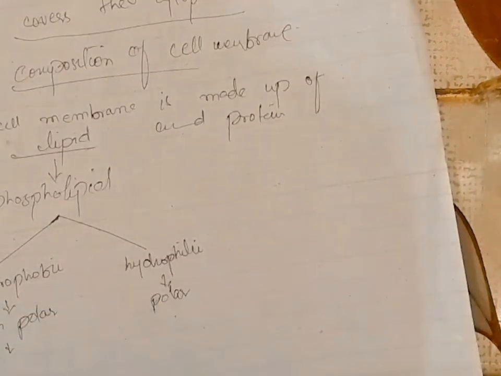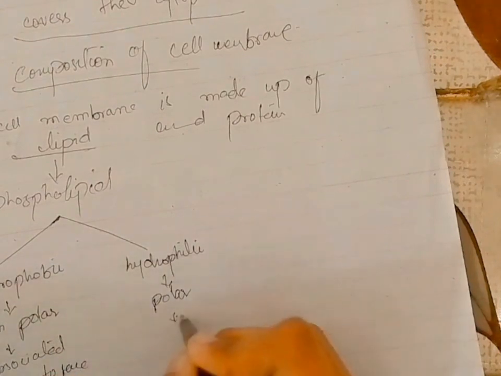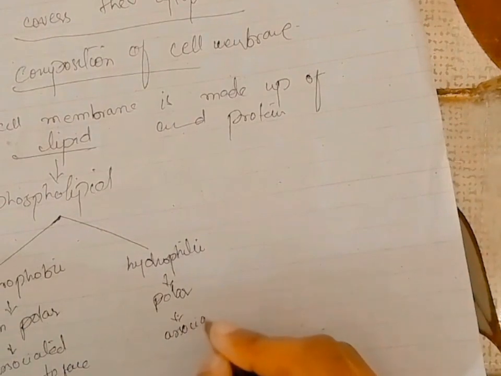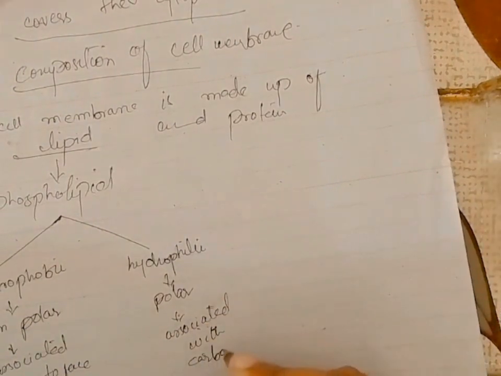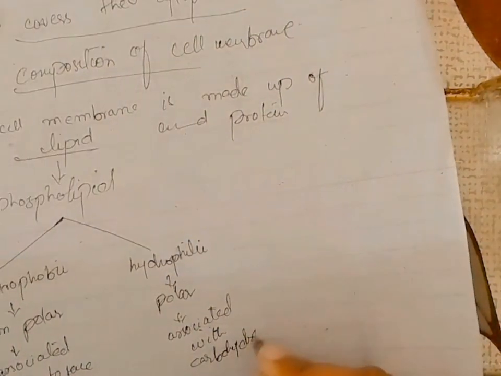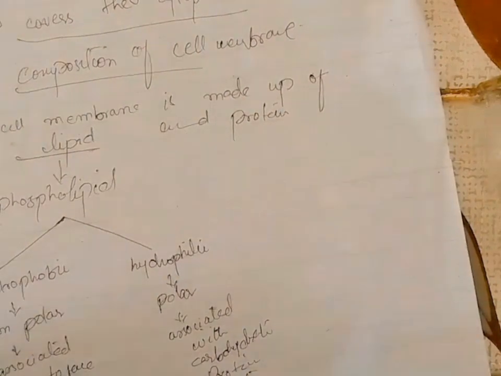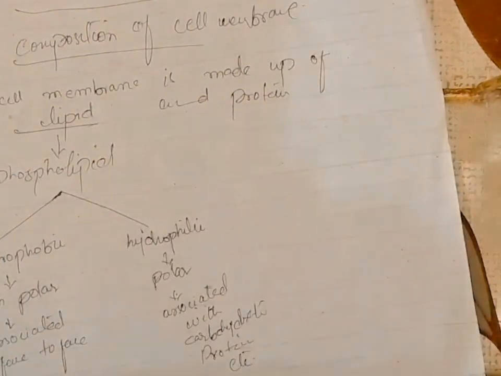The hydrophobic ends are associated face to face, and the hydrophilic end is basically associated with carbohydrates, proteins, etc. So phospholipids have two ends, hydrophobic and hydrophilic.